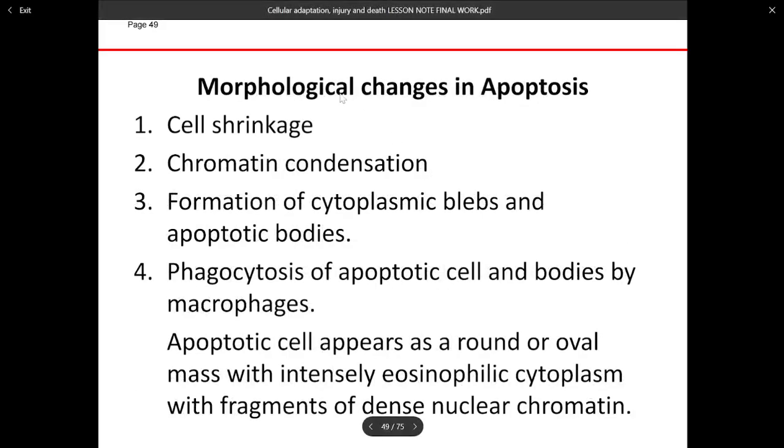Now, morphological changes associated with apoptosis include cell shrinkage, chromatin condensation, formation of cytoplasmic blebs and apoptotic bodies. I explained cytoplasmic blebs. Then there is phagocytosis of apoptotic cells and bodies by macrophages. An apoptotic cell appears as a round or oval mass with extensively eosinophilic cytoplasm with fragments of dense nuclear chromatin.